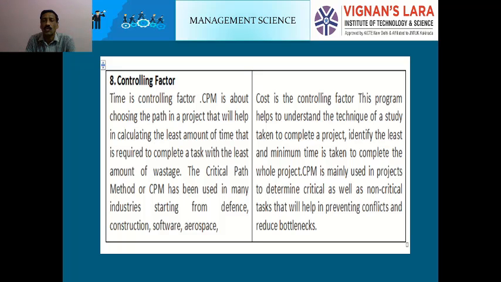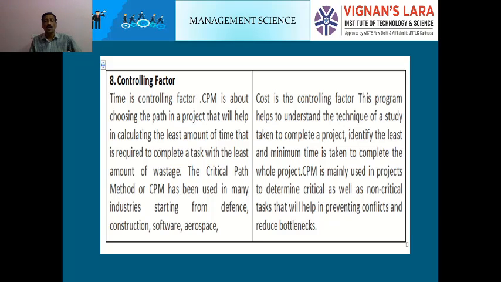This program helps to understand the techniques to be taken to complete a project, and identify the minimum time taken to complete the whole project. CPM is mainly used in projects to determine critical as well as non-critical tasks, which helps in preventing conflicts and reducing bottlenecks. It is mainly used to determine the critical path.